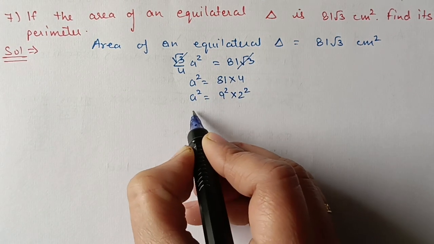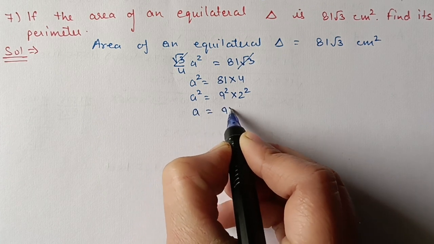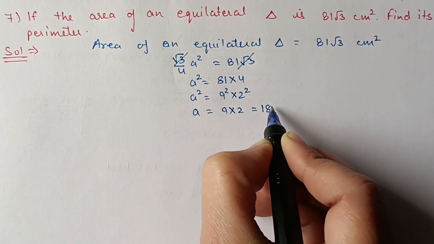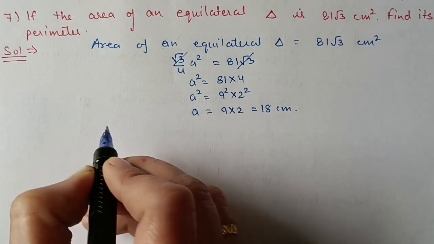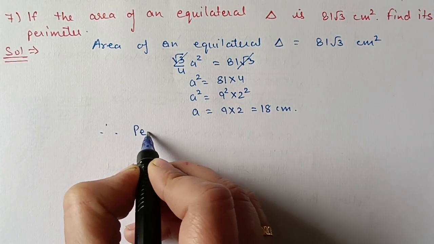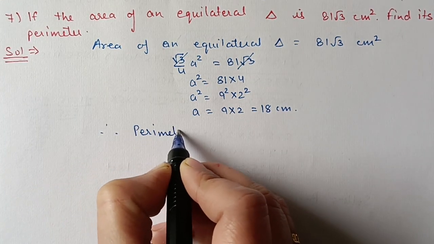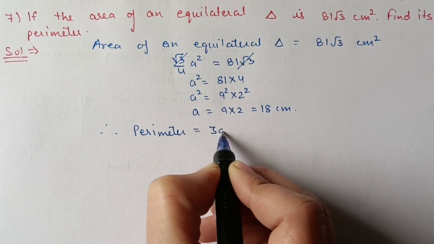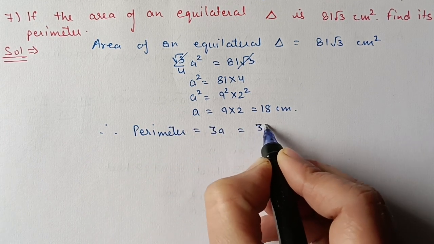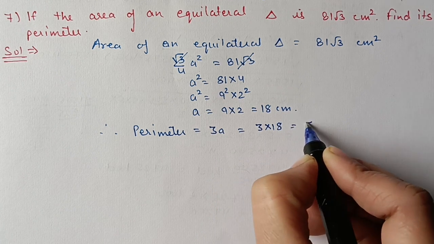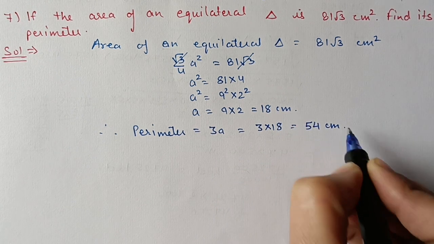So if we take the square root, a value we are getting 9 into 2, 18 centimeter. So one side is 18 centimeter. Therefore, perimeter will be 3a because this is an equilateral triangle. So 3 into 18, 54 centimeter.